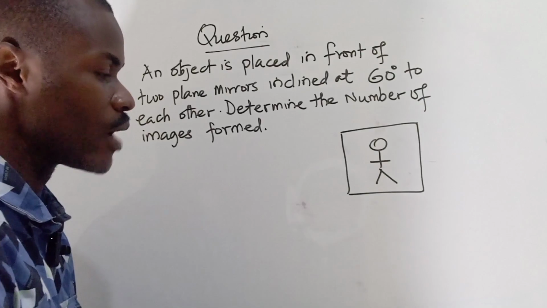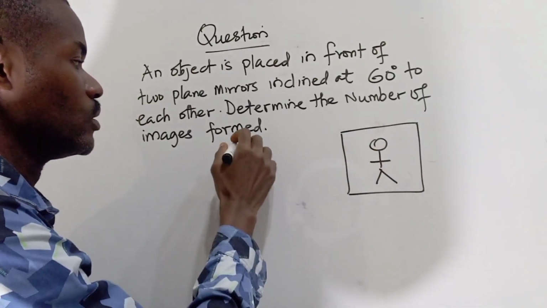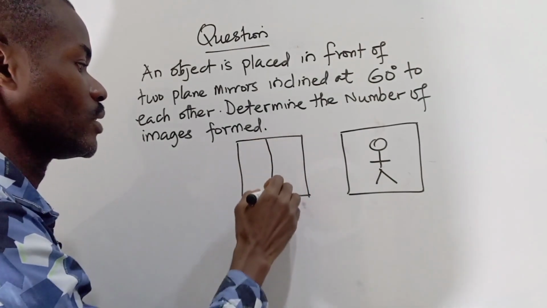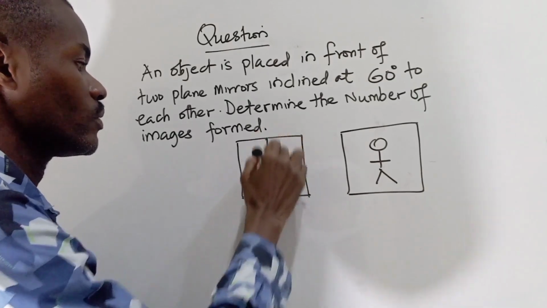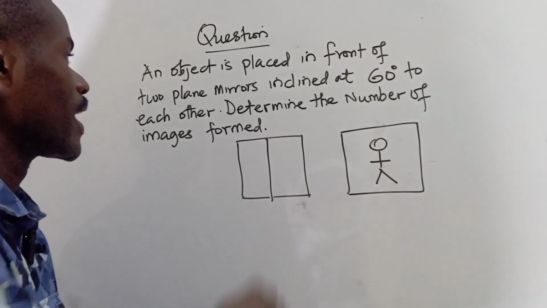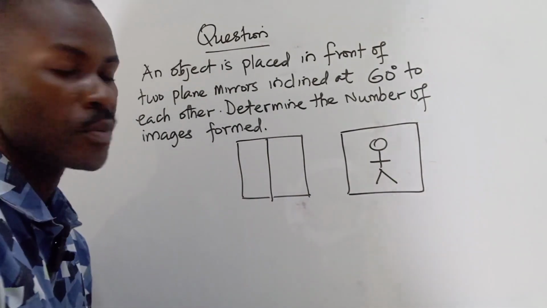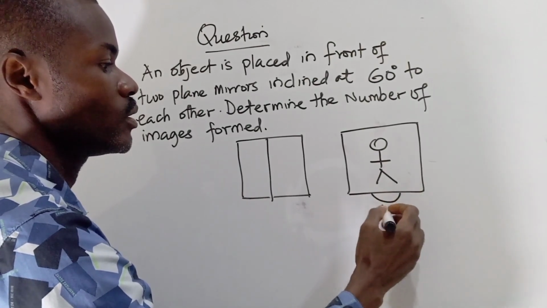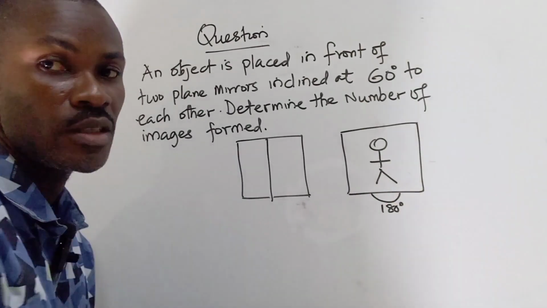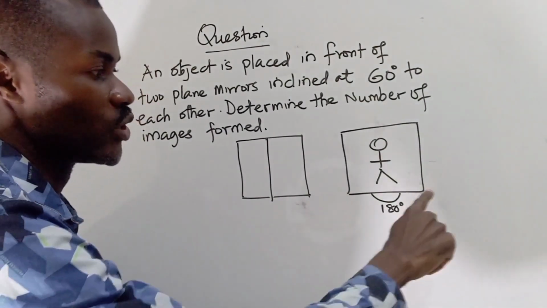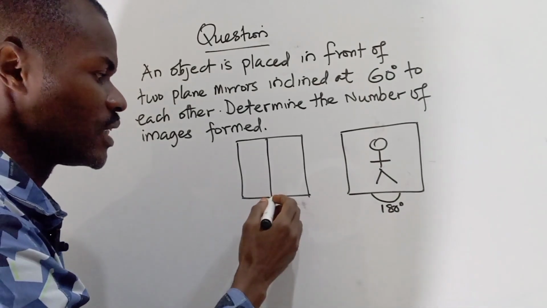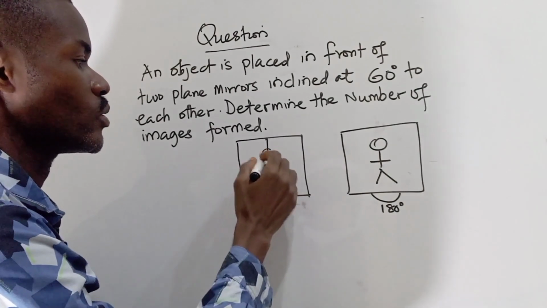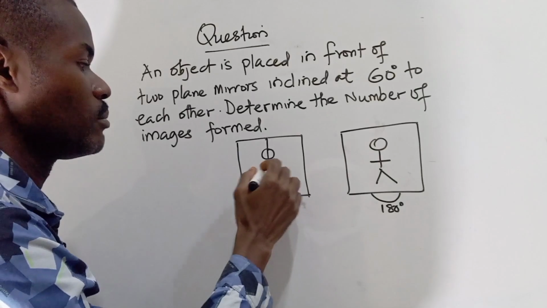If we divide this plane mirror into two, so that we have two plane mirrors, the angle between them is 180 degrees, because it is just a straight line. So you are still going to see one image.